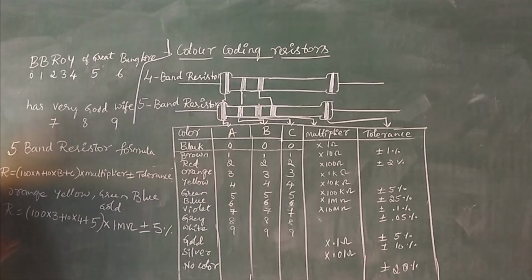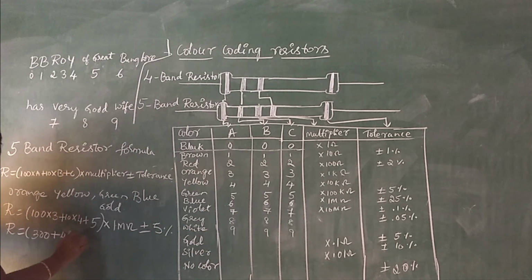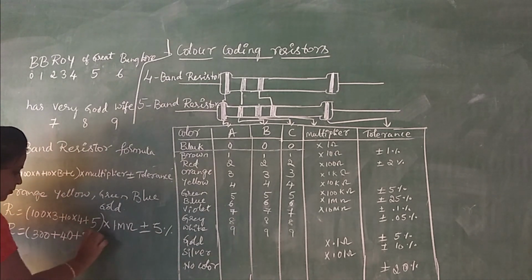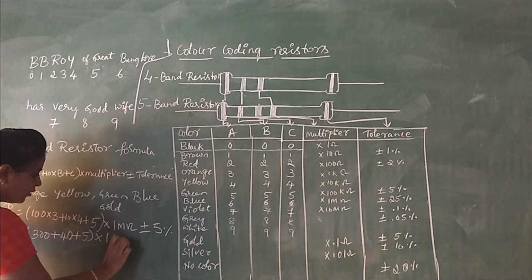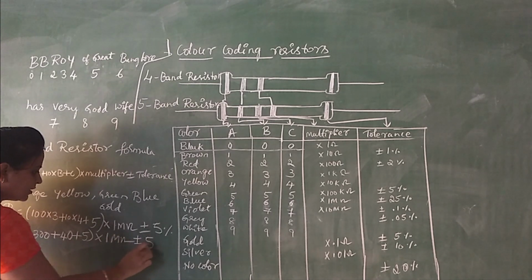So next, R is equal to 100 into 3, it gives 300, plus 10 into 4, it gives 40, plus 5, into multiplier, that is 1 mega ohm, plus or minus 5%.